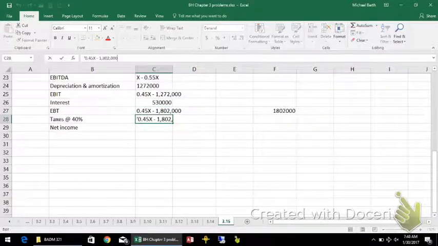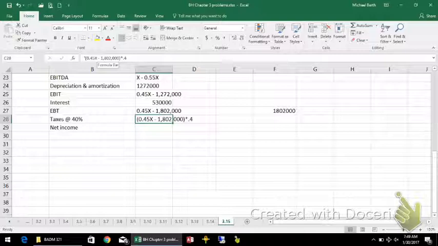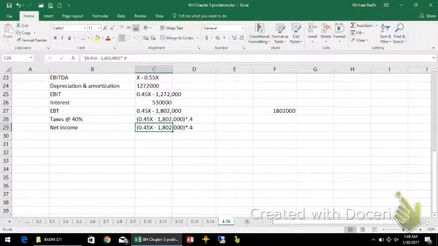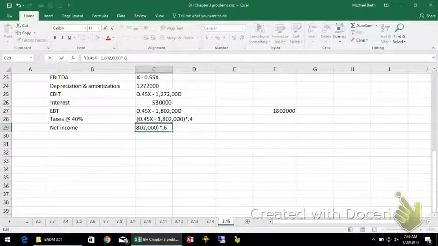I'll subtract the taxes out from the whole, which means net income is all that times 60%.